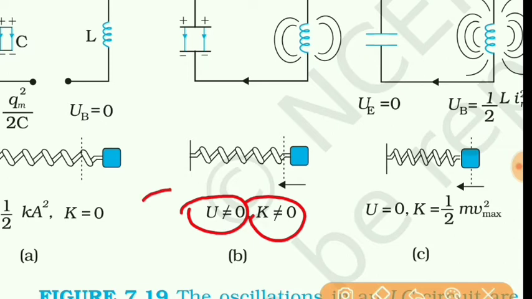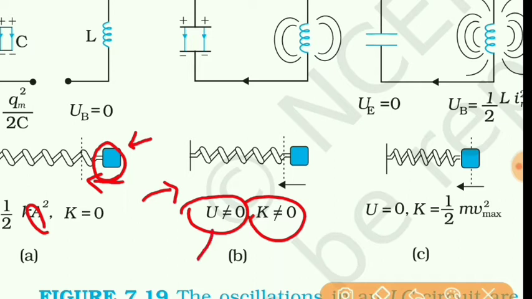This is for mechanical energy. Here in the mechanical system, when this object is released, what will happen? It will start to move towards the left side. So its displacement, or this amplitude, which was maximum displacement, will decrease, but it will get some kinetic energy due to velocity, due to motion.